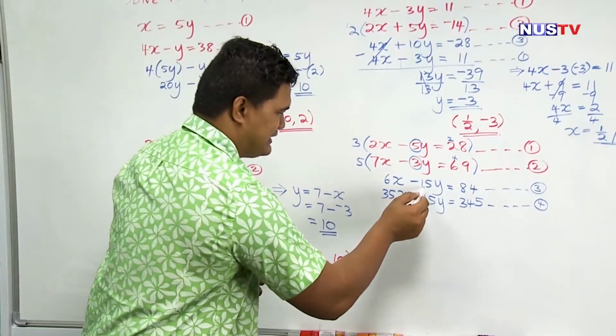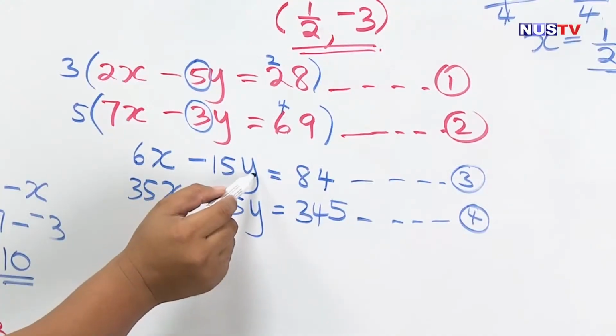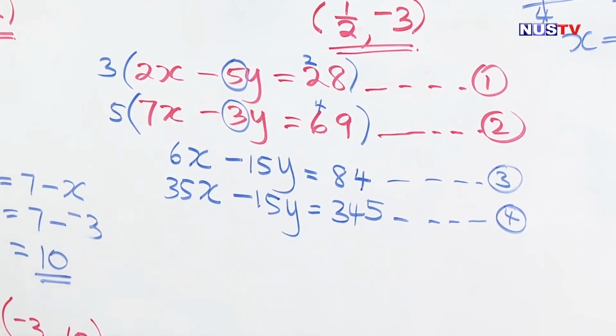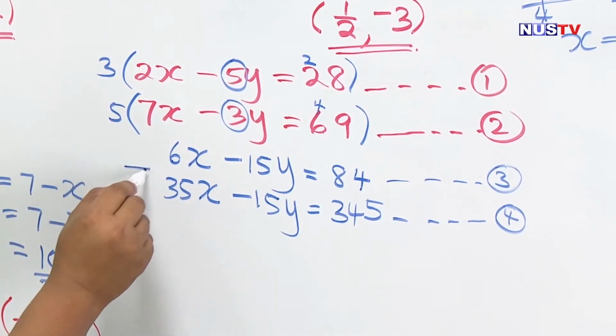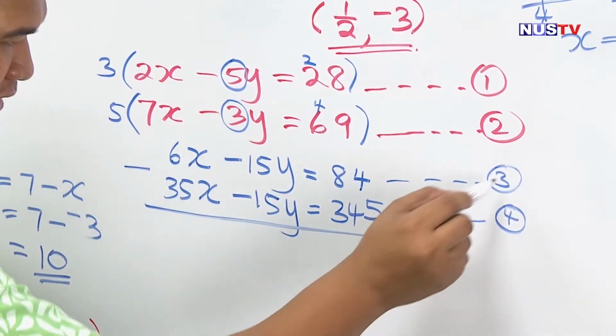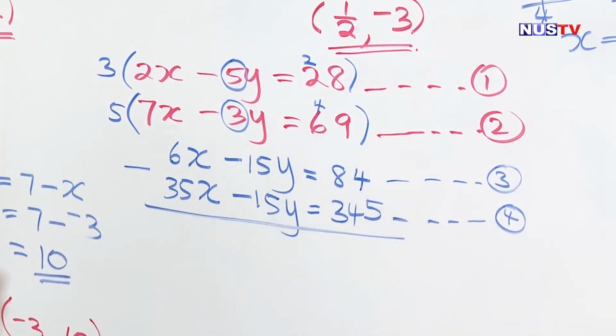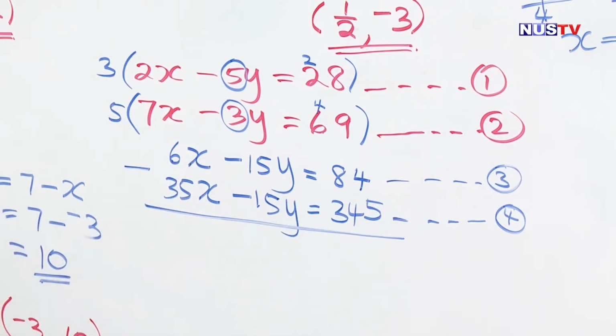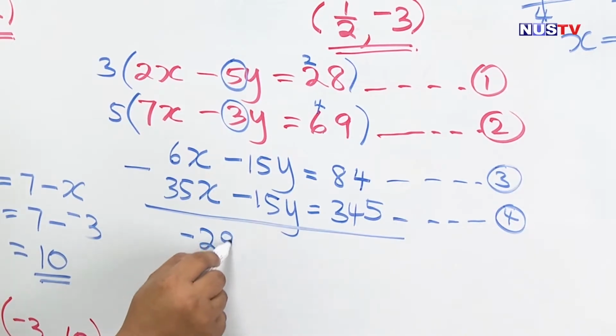So now this is negative 15y, and we have another negative 15y here, so easily eliminated by taking the difference. So equation 3 minus equation 4. So 6x minus 35x, that will be equal to negative 29x.